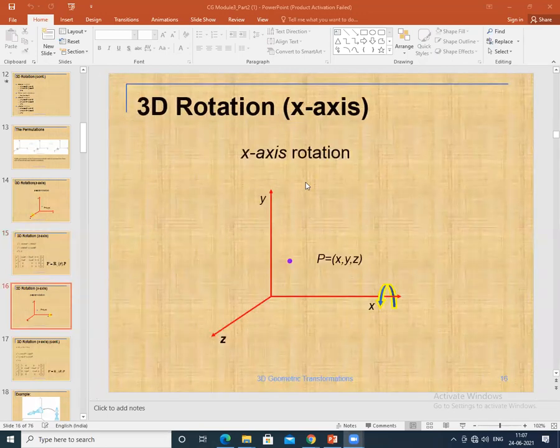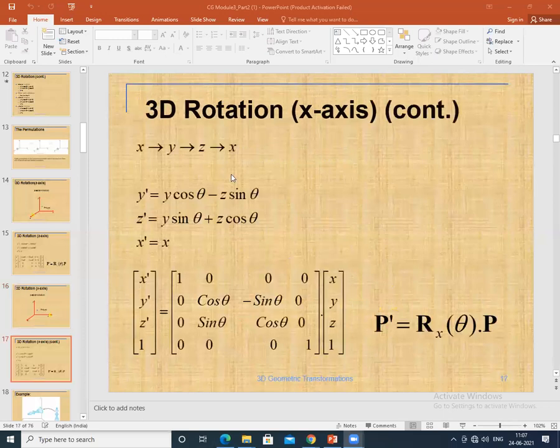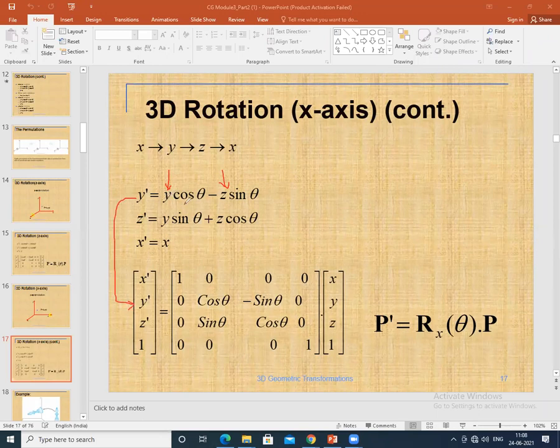Similarly, for the x-axis rotation, the flow of the rotation is y, z, again x. This is the flow that you have to remember. So y bar is nothing but y cos theta minus z sin theta, and z bar equals y sin theta plus z cos theta. While you are writing this equation, in the second row, remember, x is 0, y is cos theta, z is minus sin theta, this is important, and for homogeneous it is 0.